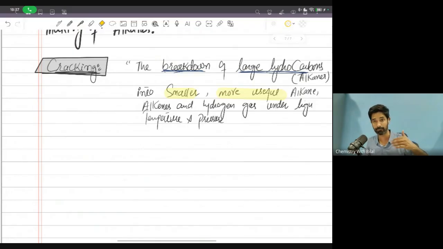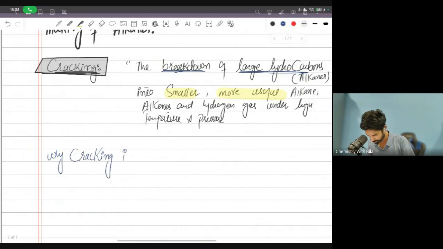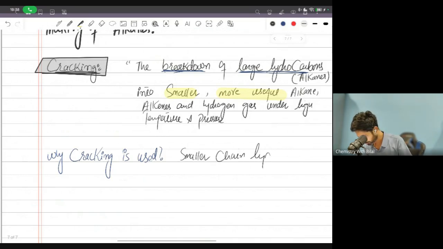ज्यादा वो पूछेगा why there's a need to crack. So why cracking is required? Why cracking is used even? Smaller chain hydrocarbons are more useful and in high demand. ये क्वेश्चन आया हुआ था भाई अभी कुछ दिन पहले.